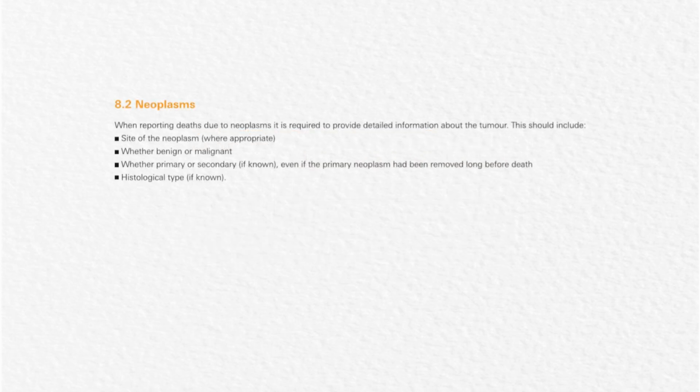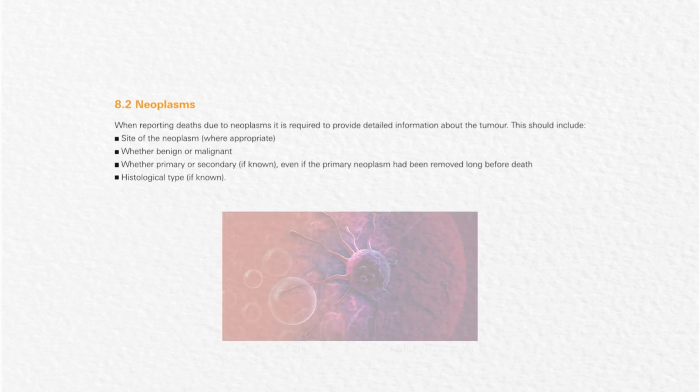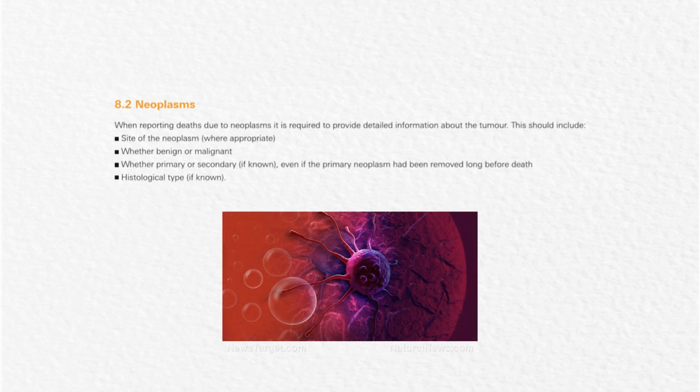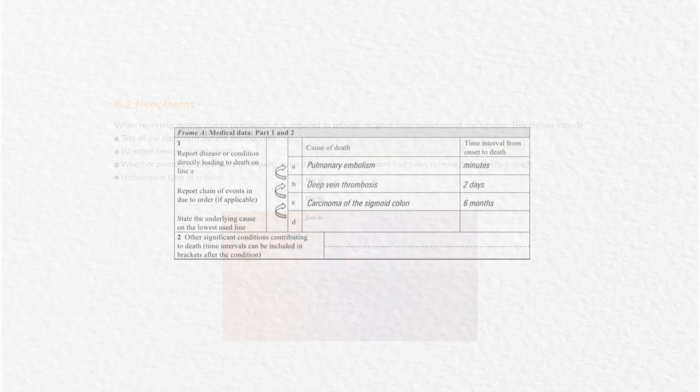When reporting deaths due to malignancy, it is required to provide detailed information about the tumor, which includes site of the neoplasm, whether benign or malignant, whether primary or secondary, and also histological type if known. Look at this example where carcinoma of the sigmoid colon was the underlying cause of death, which led to deep vein thrombosis, and pulmonary embolism was the immediate cause of death.